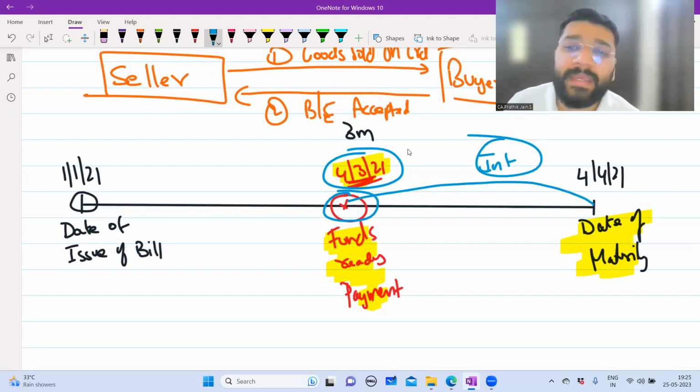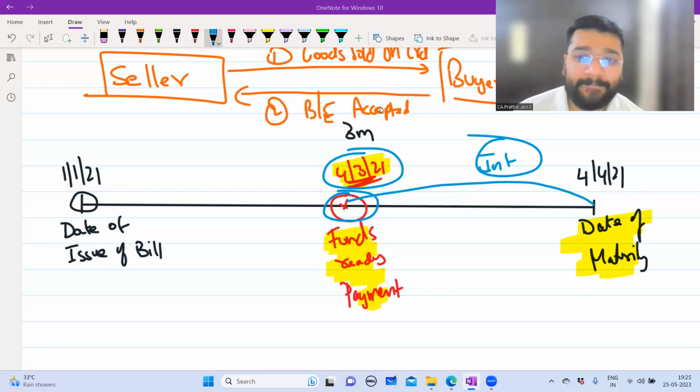Can somebody tell me why this fellow is asking interest? He's making the payment before the due date or maturity. So why is interest being charged? What is the logic behind it? If he paid on the due date, instead of that, he would have invested the same in some other.